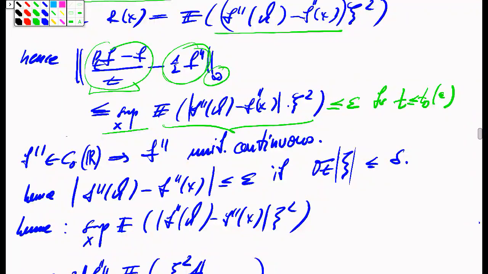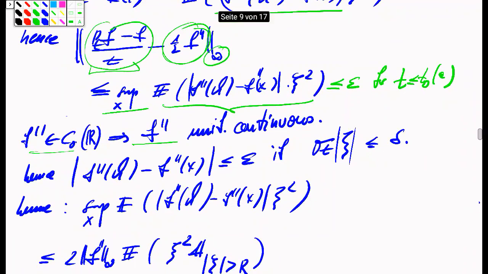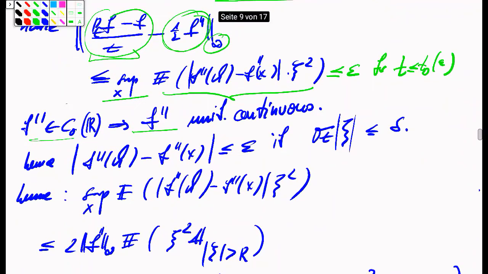Okay, you can convince yourself as an exercise that a function which is continuous and vanishing at infinity is in particular uniformly continuous, and we shall use that a little later below.